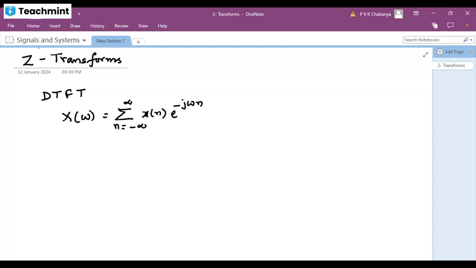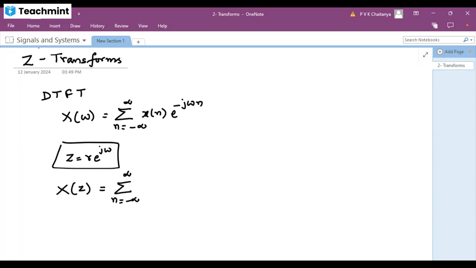In the Z transform, we are going to take z as r into e power j omega. So we are going to write the Z transform X of z as sigma n from minus infinity to infinity x of n into z power minus n. Here r is the radius of the circle.